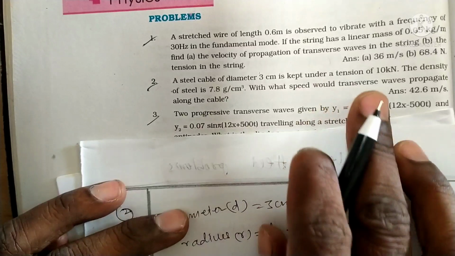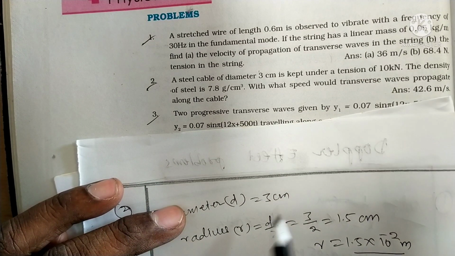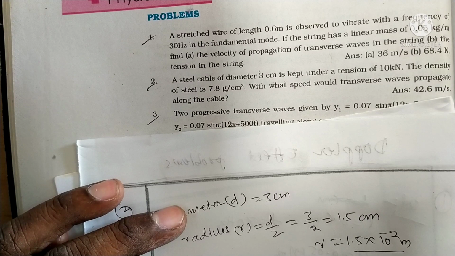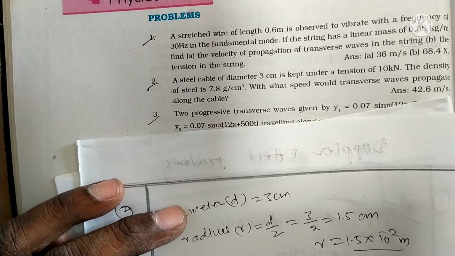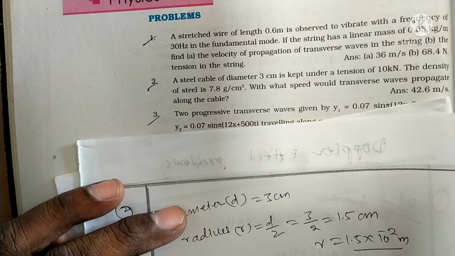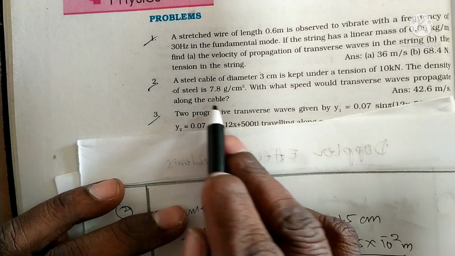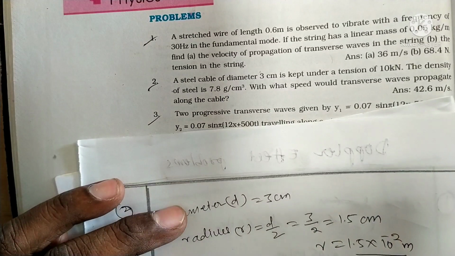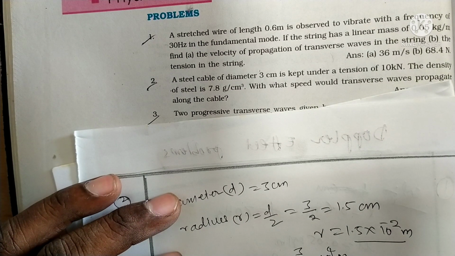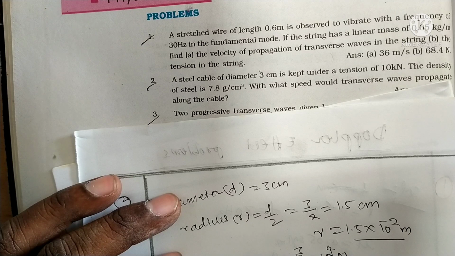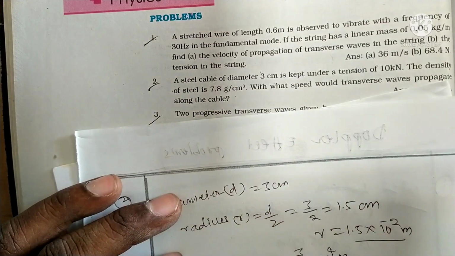Okay, tension is given. T is equal to 10 kilonewtons, that is 10 into 10 cube, which is 10 to the power of 4 newtons. That is the tension. Also density rho is given. The density of the material is rho equal to 7.8 gram per centimeter cube.